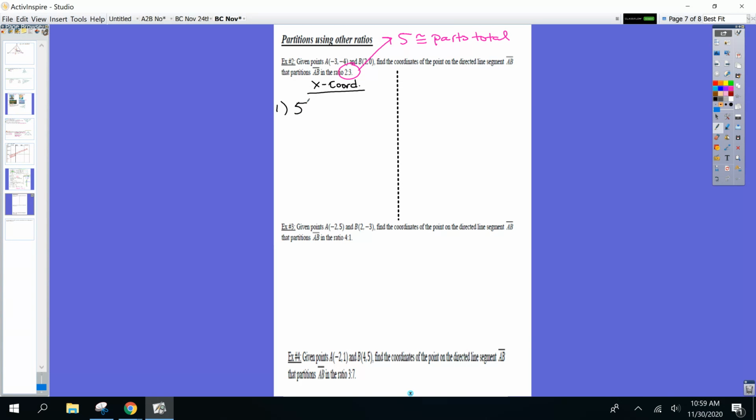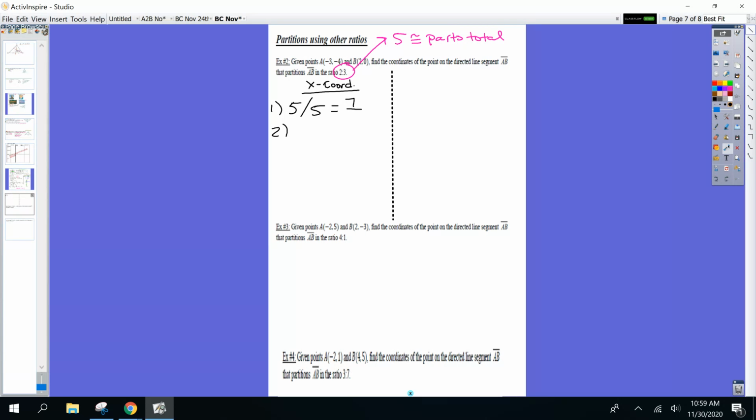Total distance of 5. And we need to break it up into equal parts of 5. So that tells me every time we break it up, we're going 1 unit. Well, if I'm going to hit the 2 to 3 point, I should probably do one more visual here.